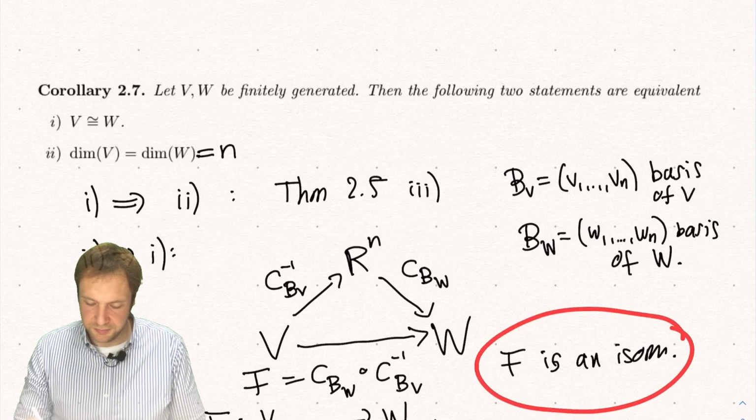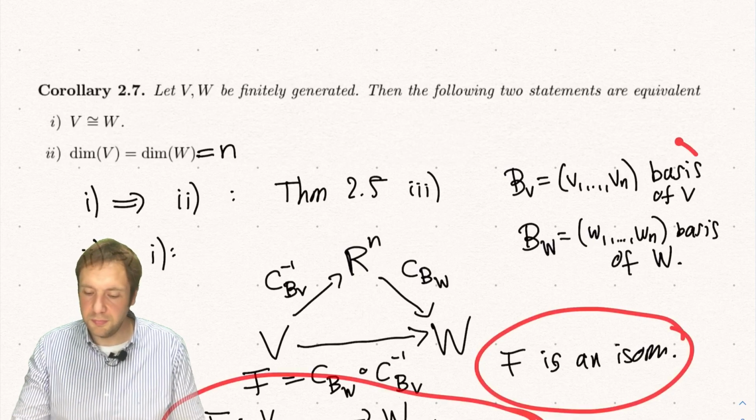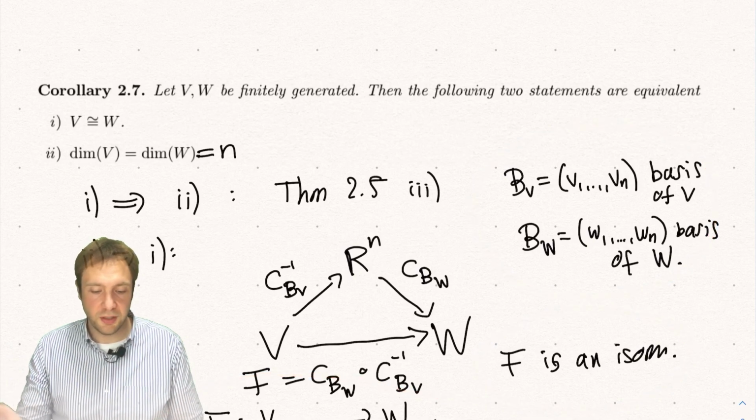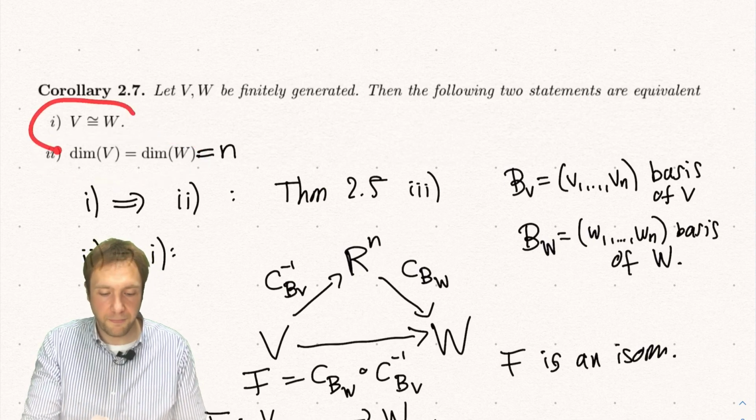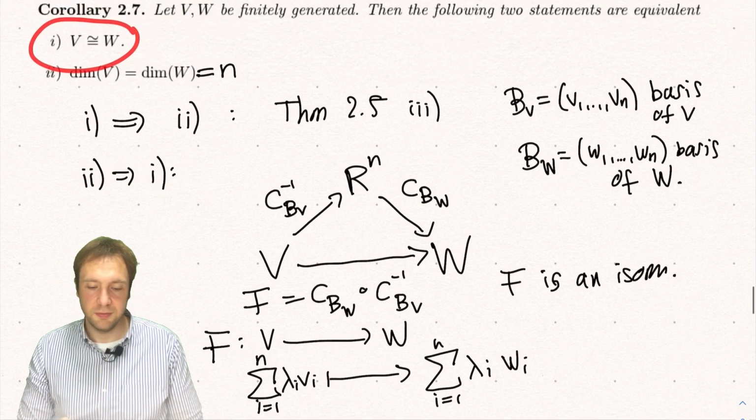And this is an explicit isomorphism after choosing a basis for V and W, and therefore if the dimension is the same, then these two spaces are isomorphic.